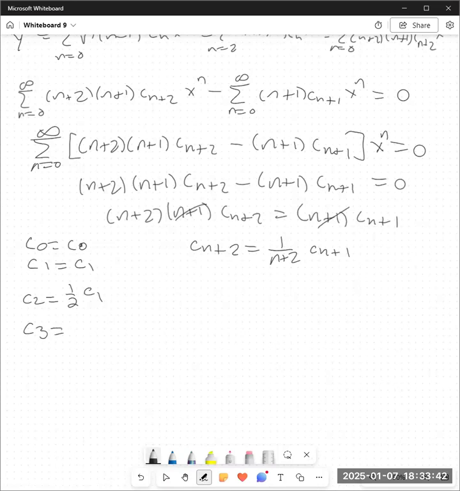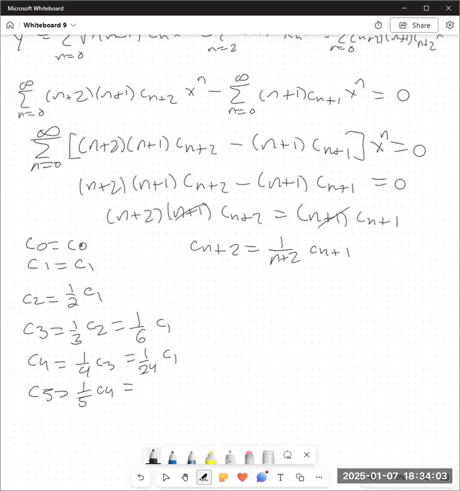C3 is going to be 1/3 of C2, which is 1/6 of C1. C4 is 1/4 of C3, which is 1 over 24 C1. C5 is 1/5 of C4, which is 1 over 120 C1.